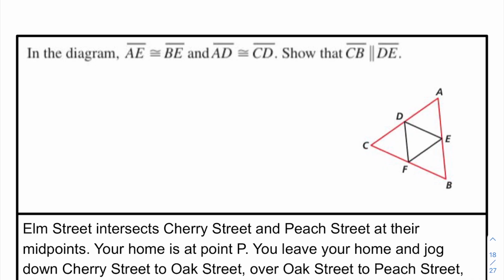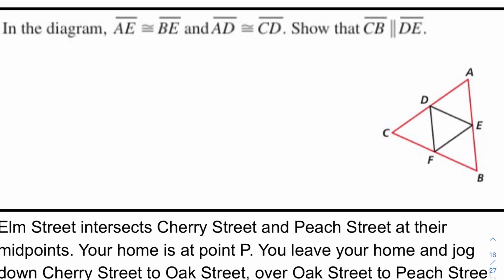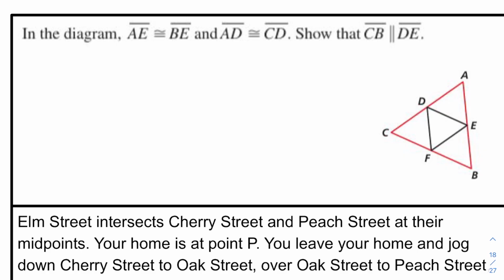So here we're going to write a quick proof. So AE and BE are congruent. AD is congruent to CD. Show that CB is parallel to DE.